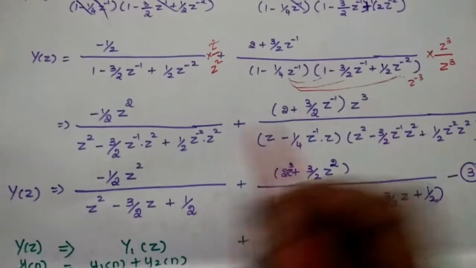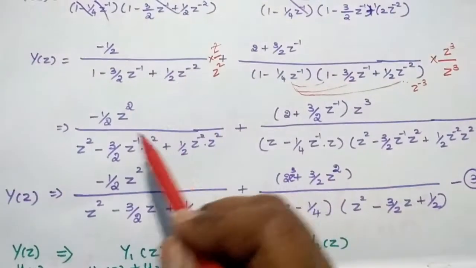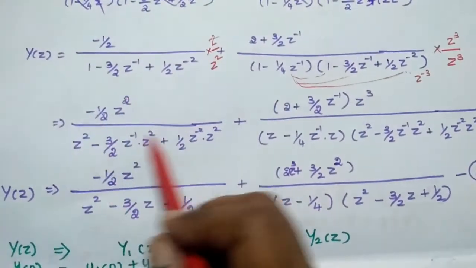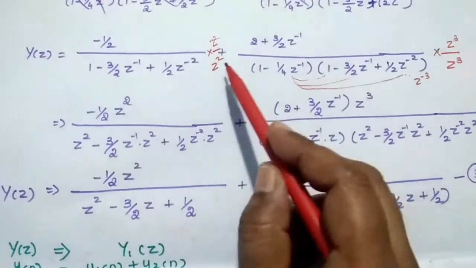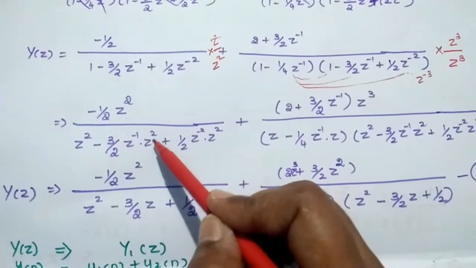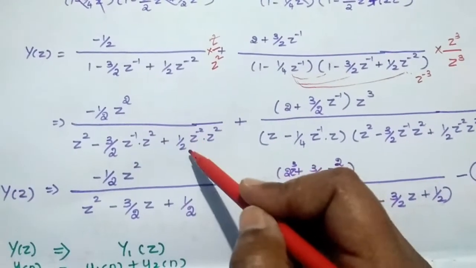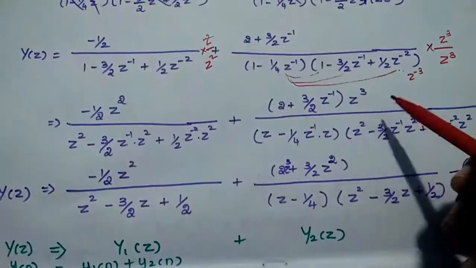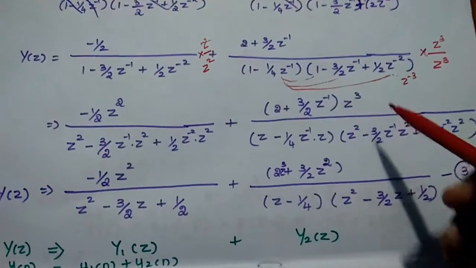Okay. So now in this portion, this value becomes minus 1 by 2 z squared divided by this 1 into z squared, that is z squared, minus 3 by 2 z power minus 1 into z power 2 plus 1 by 2 z power minus 2 into z power plus 2, plus this side. This value is multiplied by z power 3.